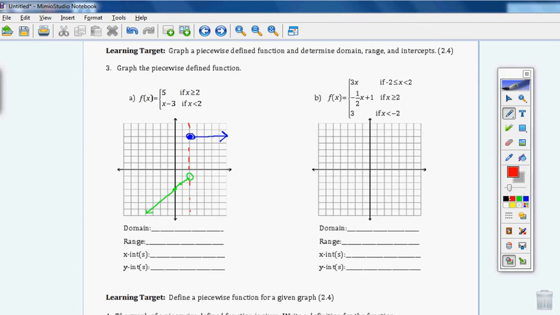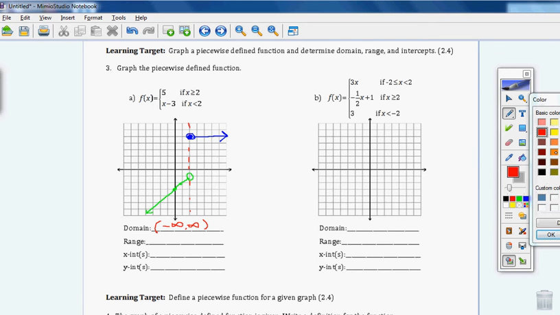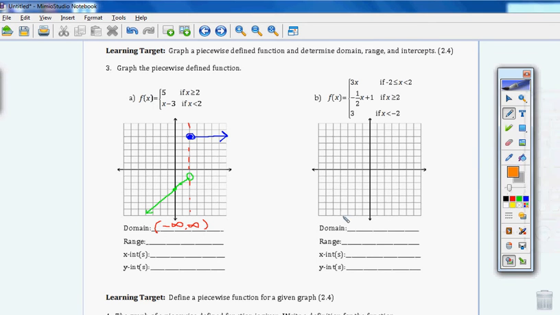Okay, so the domain and range now, left to right, I'm going from -infinity to +infinity. And then my range, remember, that's your y values. So that's where we're going to look at bottom to top. Bottom, this is going down forever. So I'm starting at -infinity.